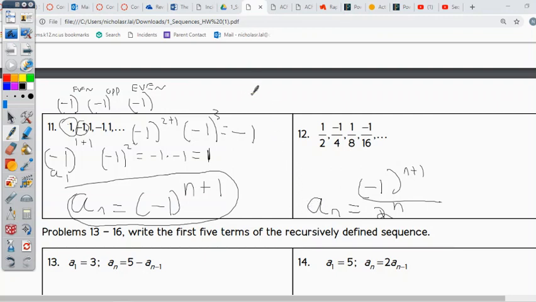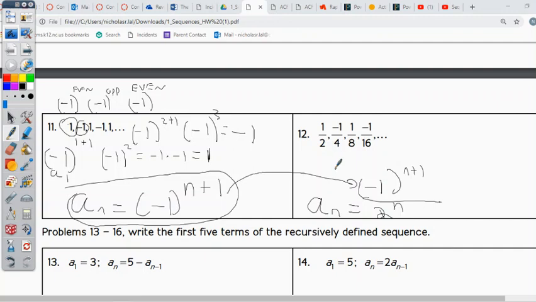All right, let's look at the pattern here. You have alternating 1 and negative 1. So because you're alternating between 1 and negative 1, where all your odd terms are 1 and all your even terms are negative 1, our answer to 11 is the numerator for number 12.